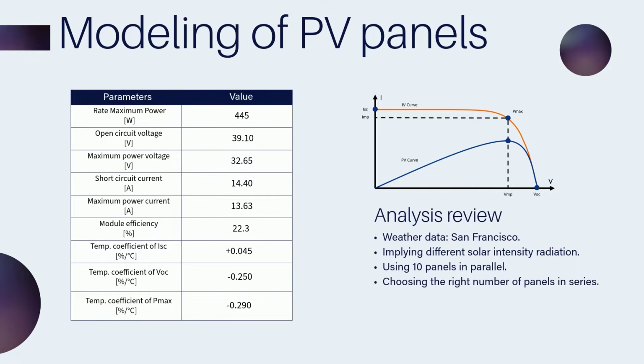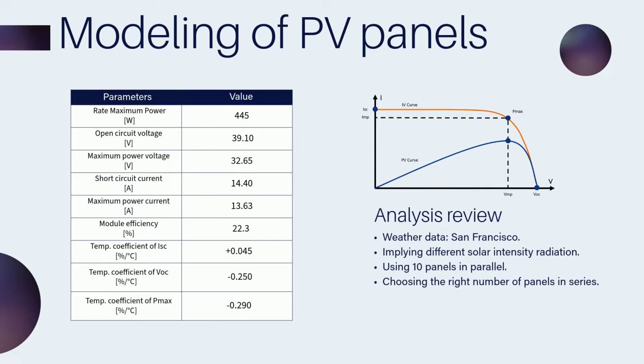For instance, the voltage, the current, the efficiency that each module has. There are coefficients that relate to temperature, for instance ISC, VOC, or Pmax. And each panel that you buy, in their catalog, they come with this IV curve and PV curve, which tends to show how the current changes with the voltage of the array and the module.